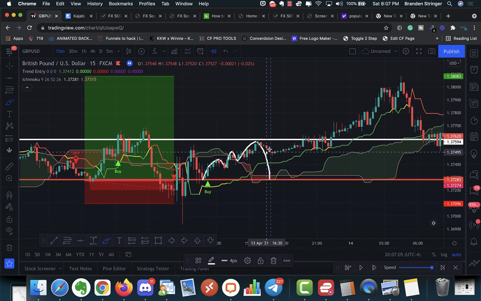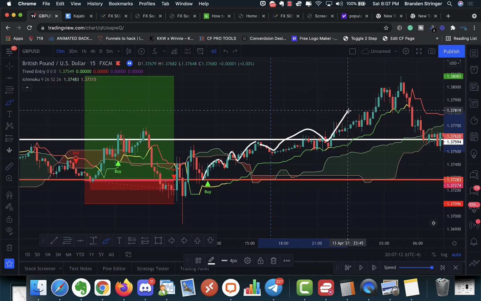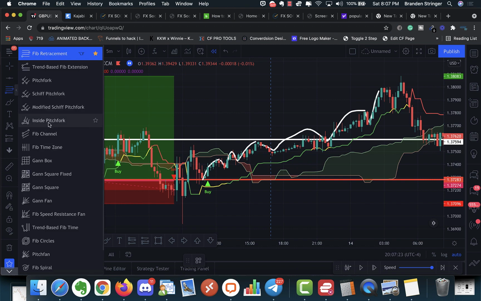Now, let's say it keeps going up, right? And now it's going up, going down, going up, going down, going up, going down, and went up some more. What I would do is around 1 to 1, which is probably where it's at right now. Let's see.